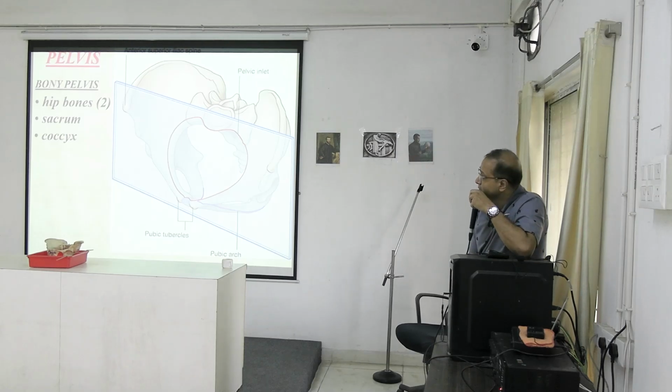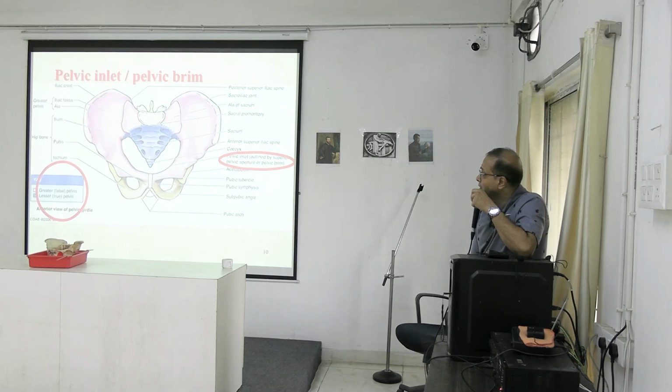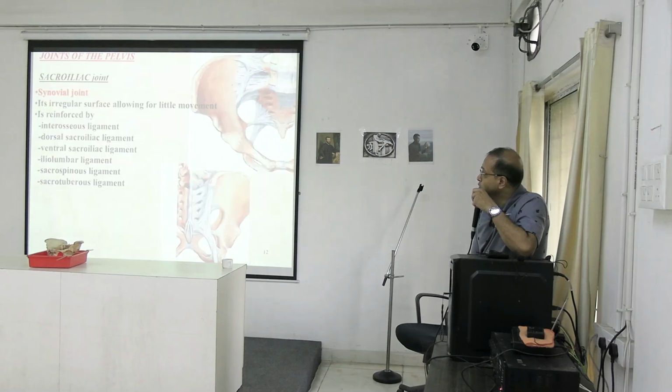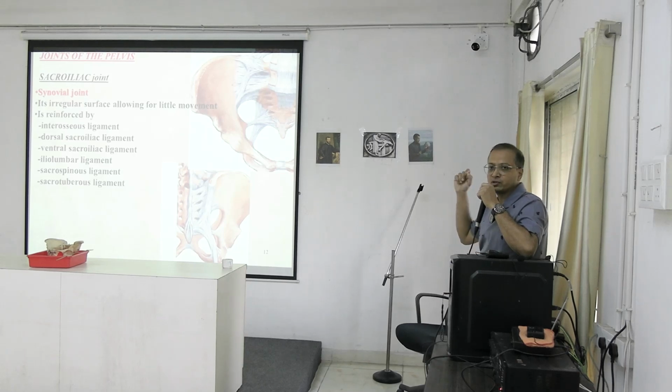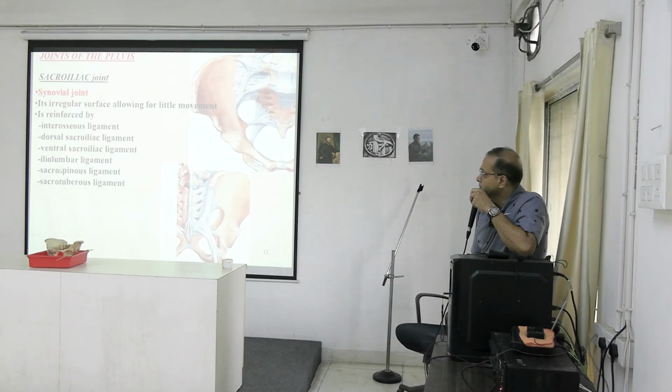So, these are the two basic types of joint that you have to learn about in the pelvic joints. The sacroiliac joint is a synovial type of joint and it is joined by ligaments. We call the ligaments joining the sacrum to the ilium the sacroiliac ligaments. One is on the front side, the ventral sacroiliac ligament, and the dorsal sacroiliac ligament.